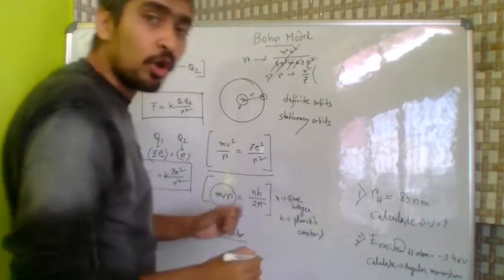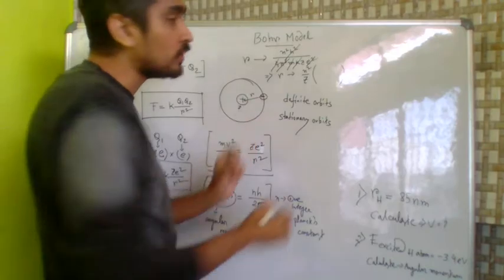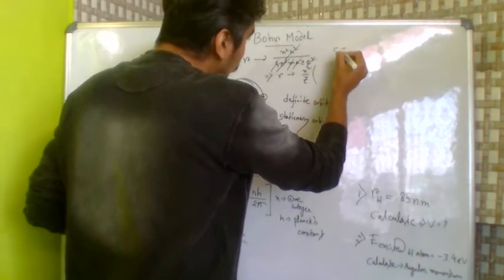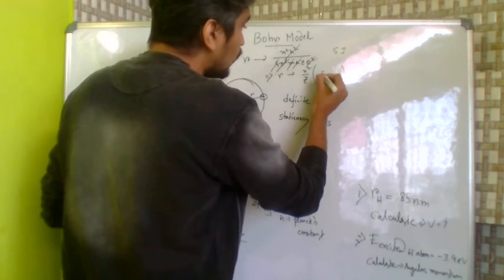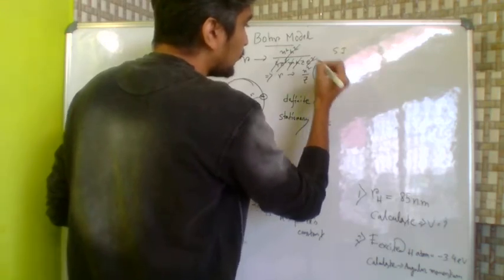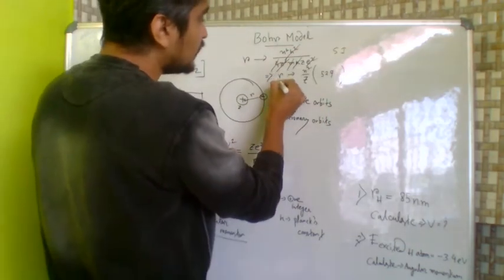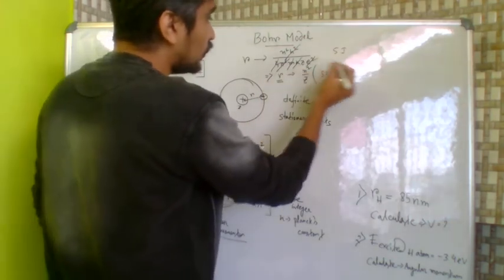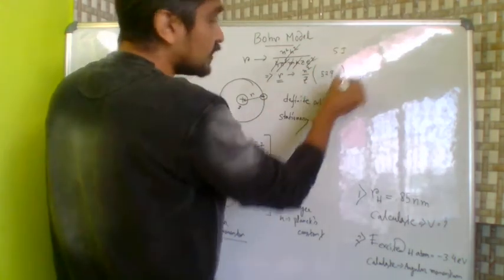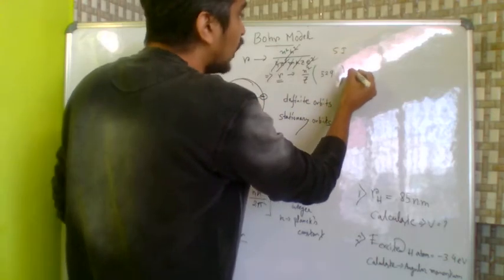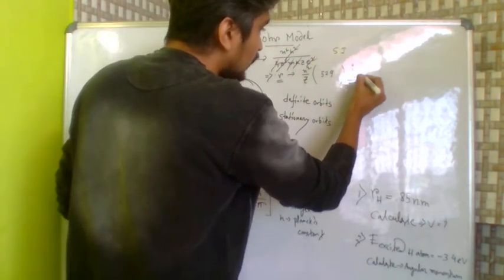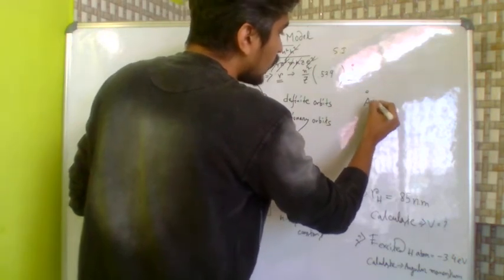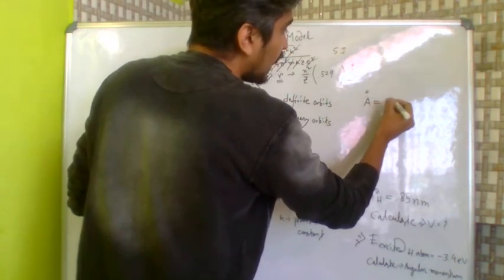If you put all the values of these constants in SI unit, you will get 0.529, and this is R. The unit will come in angstrom, where 1 angstrom is 10 to the power minus 10 meter.